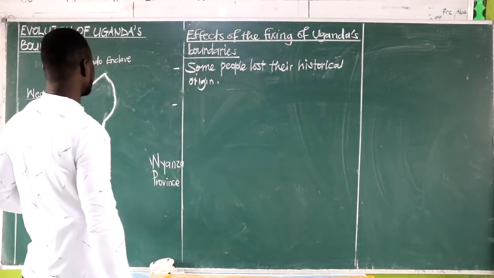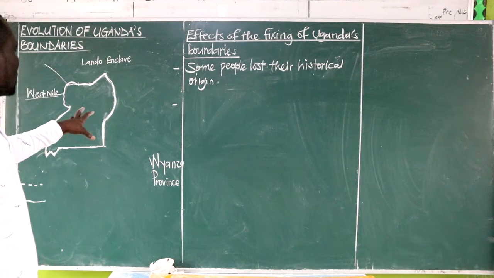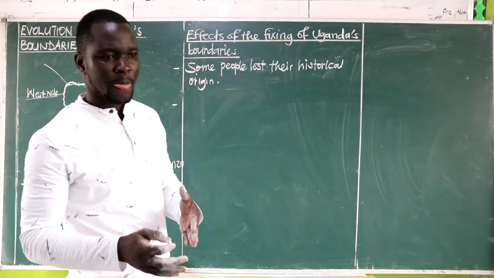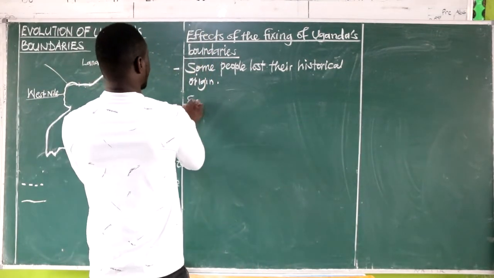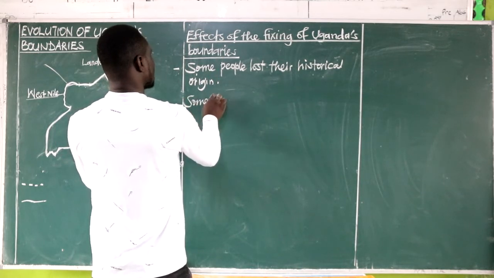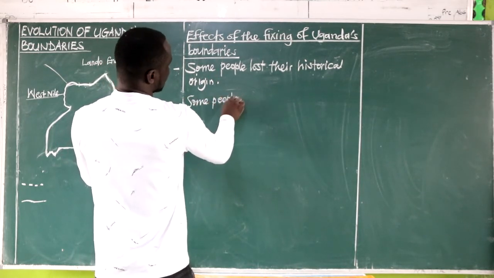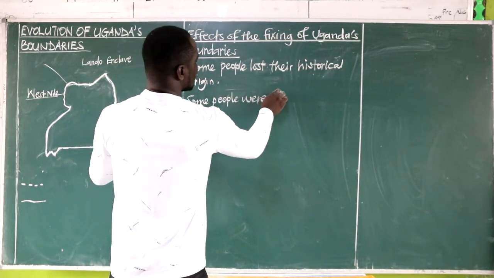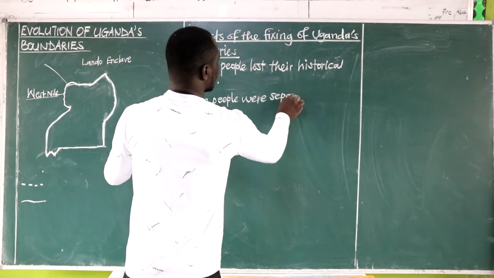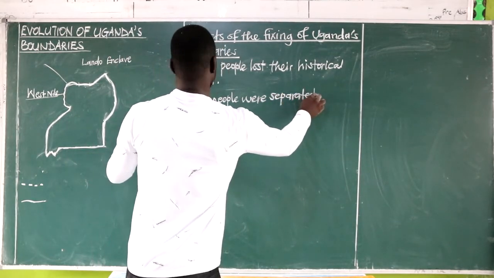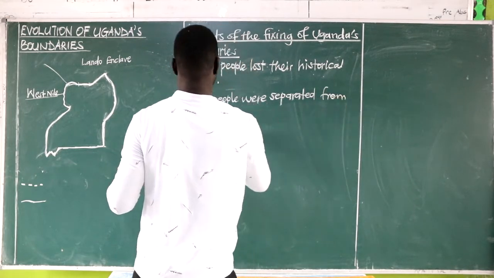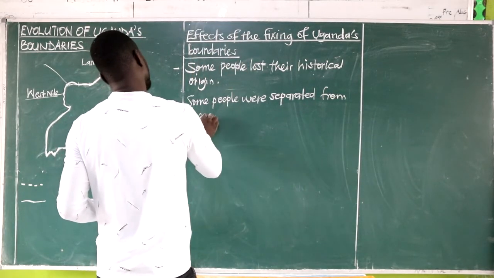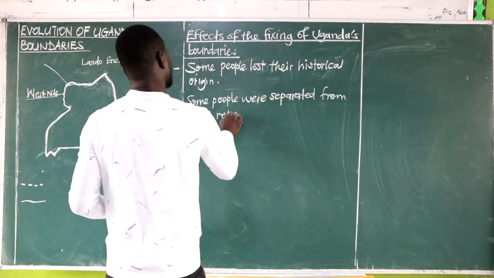Then the second one is you could find that some communities, some people were separated from their relatives.